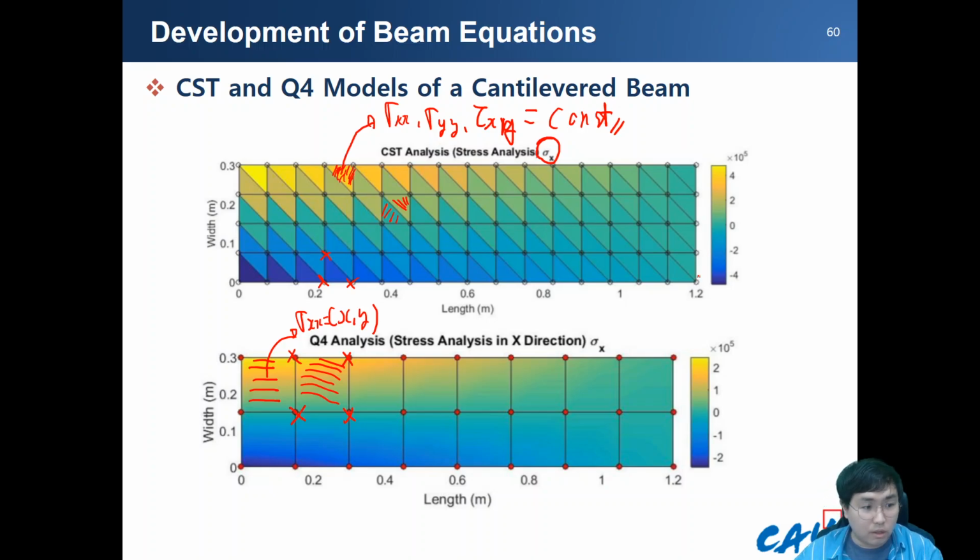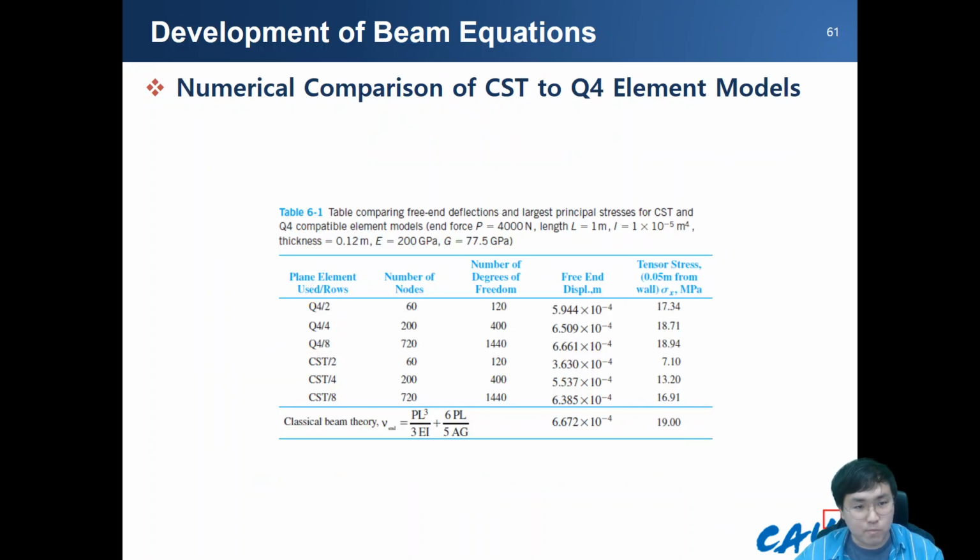So next time, I think I already discussed these issues in the COMSOL simulation. So I think about why different elements show different results. There is some reference for the result, so let's compare the accuracy.